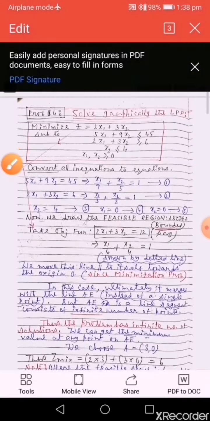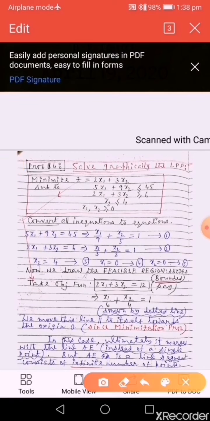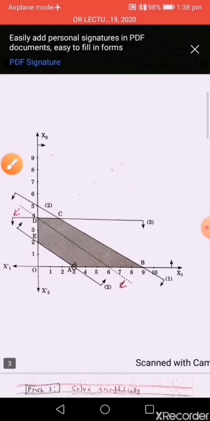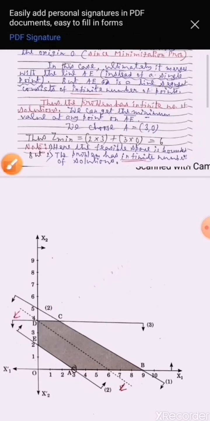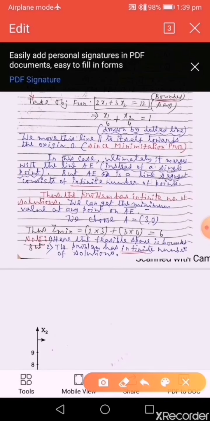For the sake of simplicity, we will put an easy point which we know, the coordinate A, whose coordinates are 3,0. We put this point 3,0 in the objective function 2x1 plus 3x2, which means 2 into 3 plus 3 into 0 is equal to 6.